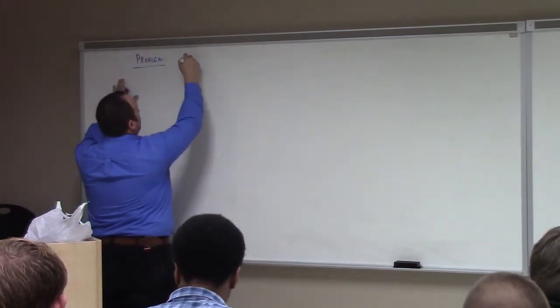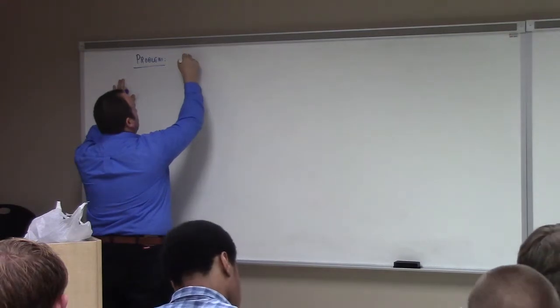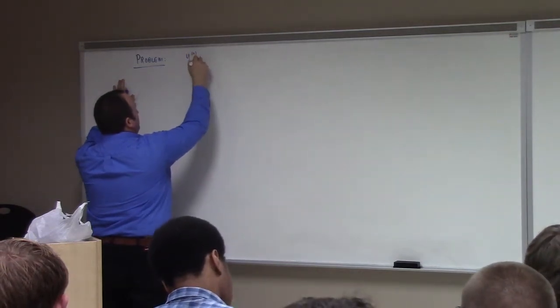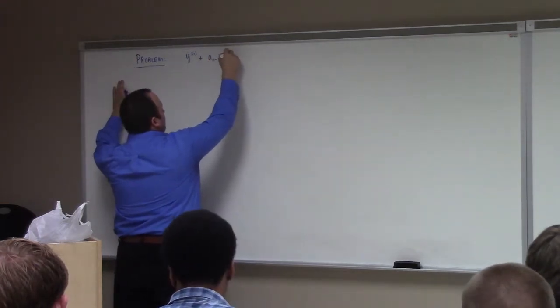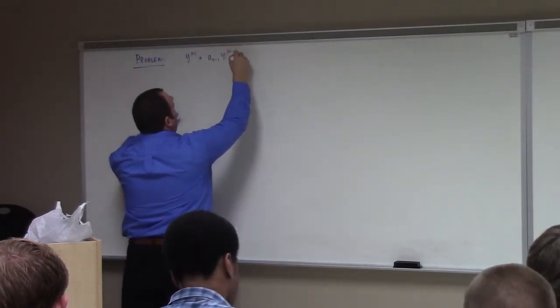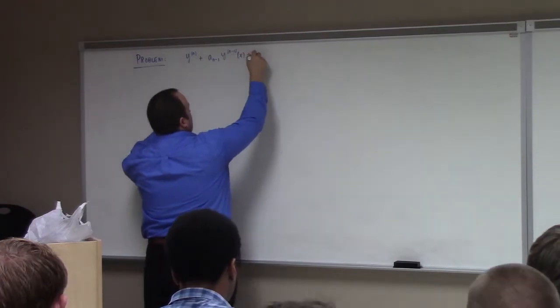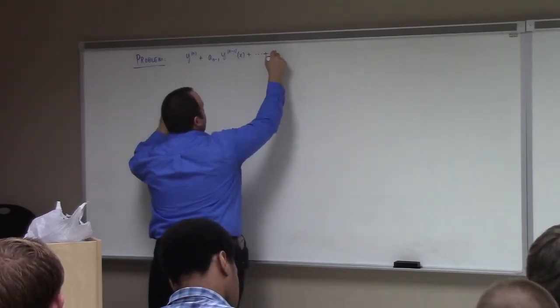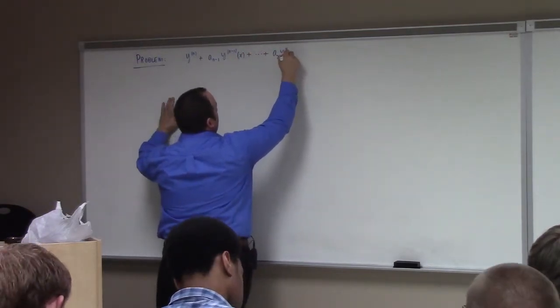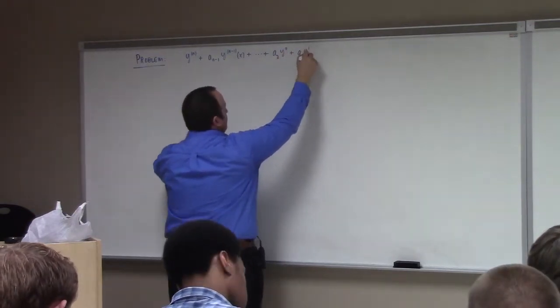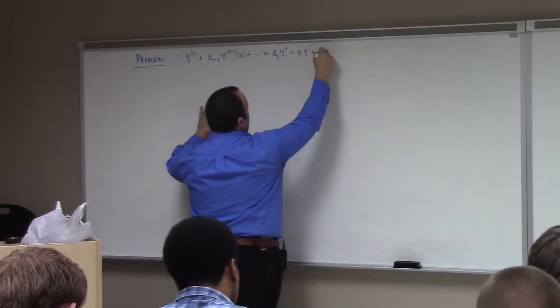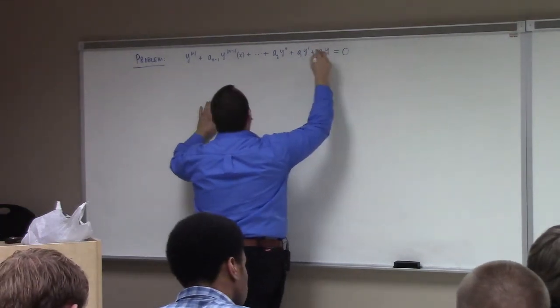We want to solve the nth derivative of y plus, let's say, a_{n-1} y to the (n-1), let's say of x, plus and so on, plus a_2 y'', plus a_1 y', plus a_0 y equals 0.